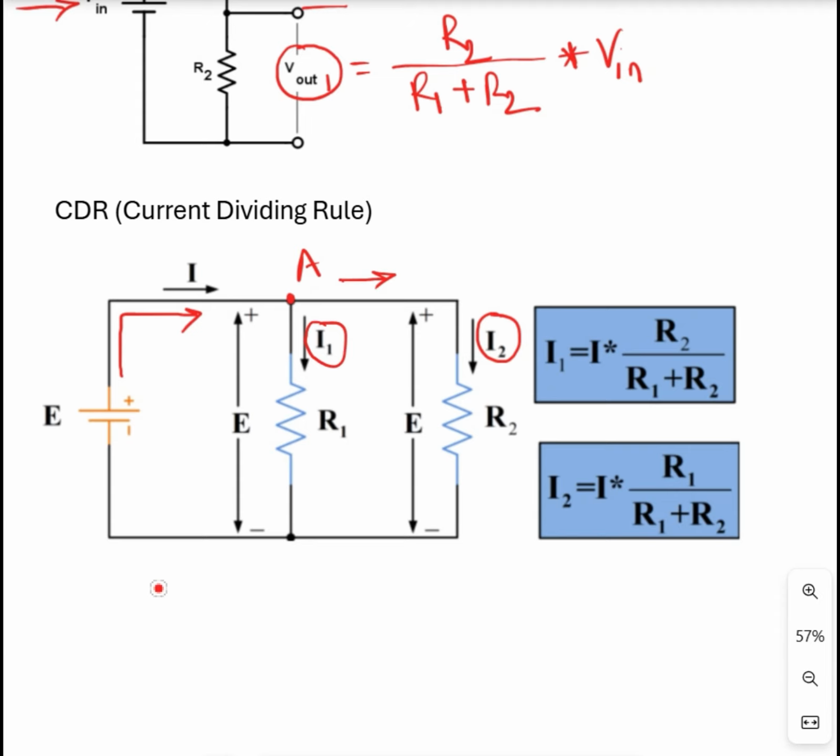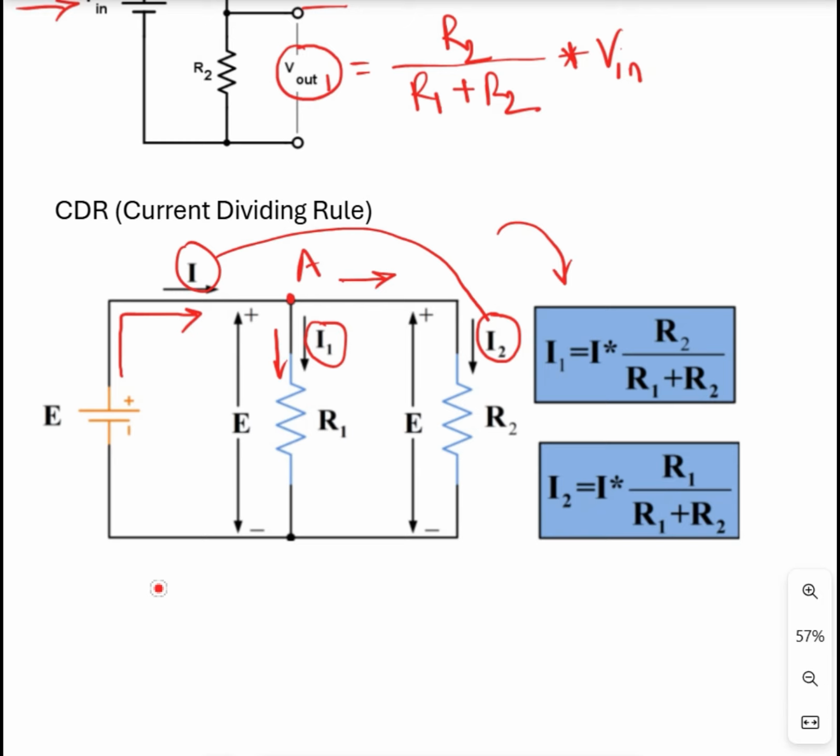In that case, I1 and I2 are the split currents from I, the total current. If you'd like to evaluate the value of I1 and I2, we have to use this formula. I1 is the current going through the resistor R1. So I1 is equal to the total current I times R2.